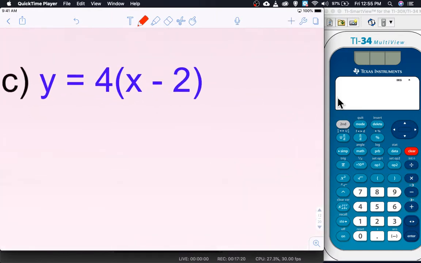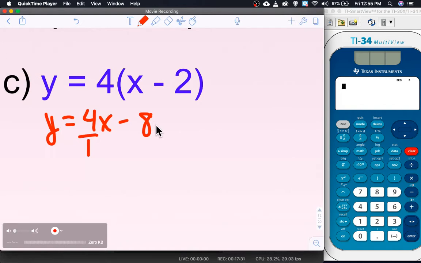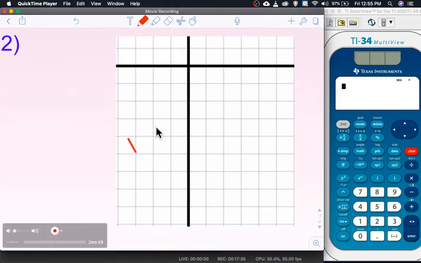All right, so you should have y equals 4x minus 8. Slope is 4/1. Your y-intercept is -8. So when we come back over to our graph, we're going to put a dot on the y-axis at -8. 1, 2, 3, 4, 5, 6, 7, 8 is right there.